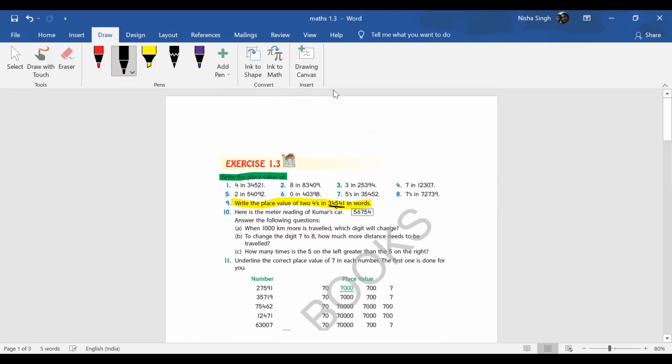This is the number. You have 3, 4, 5, 4, 1. So we have two 4s here. We have to write the place value of these numbers. How are we going to write it? First we will write the place value for tens.